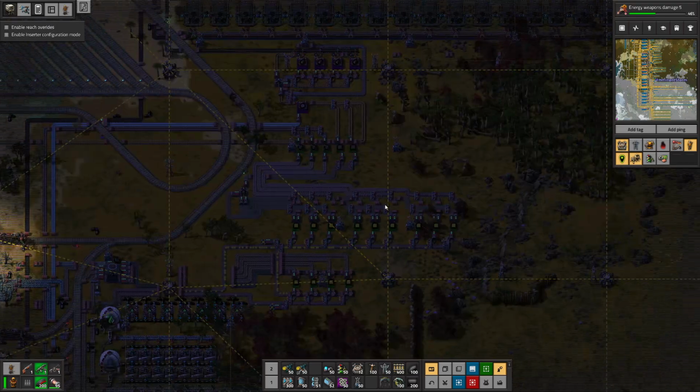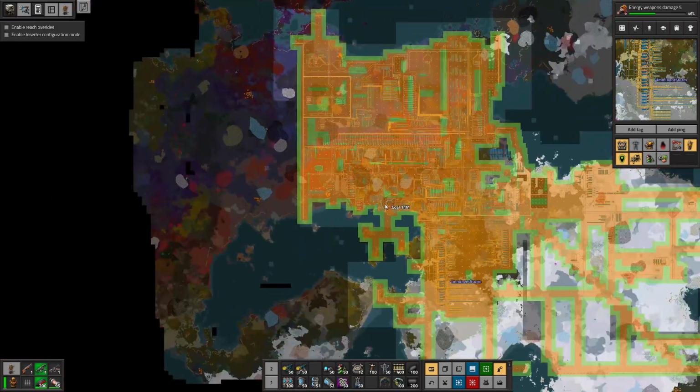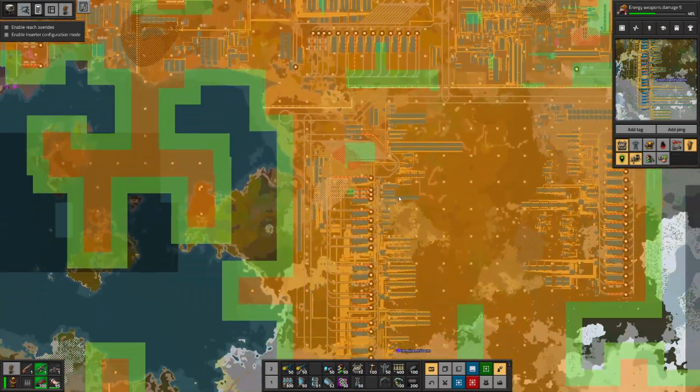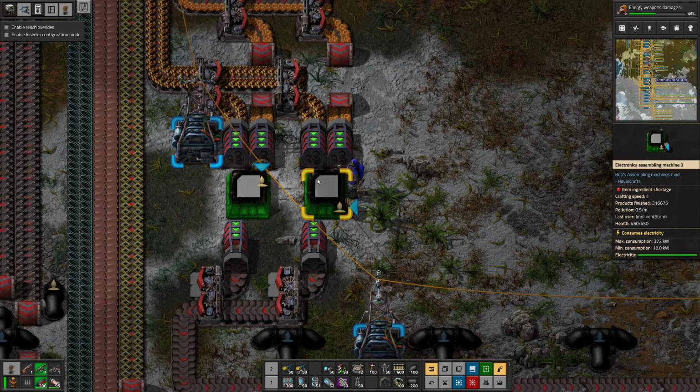Yes, okay. So the big issue over here is just the throughput of copper is the big problem. Okay, now here, this should be real easy.